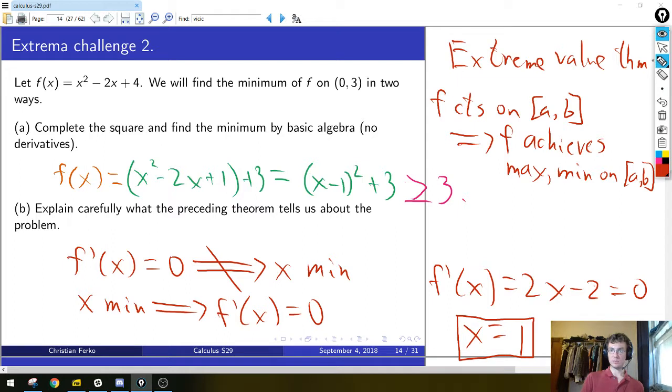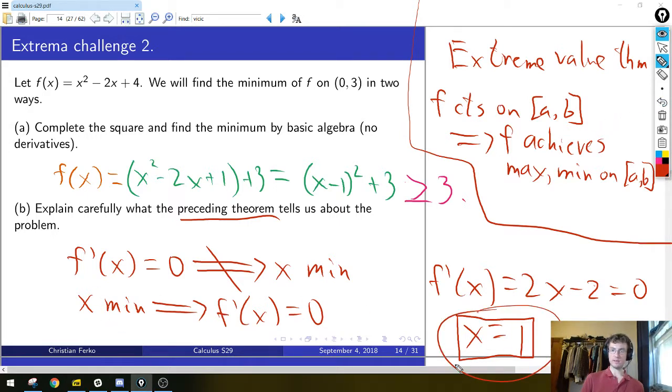Then we proved the extreme value theorem, which says that, oh, by the way, in addition, there's a point, say x, where f of x equals the maximum, and some other point, say y, where f of y equals the minimum. So if we wanted to be very careful about the proof here, we'd have to say by the extreme value theorem, we know that there is a minimum, a point where x achieves its minimum on this interval. And then by this theorem, a moment ago, because we know that there exists some minimum, then that minimum must be x equals 1.